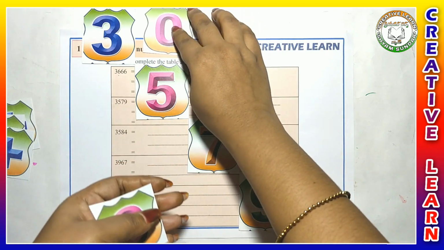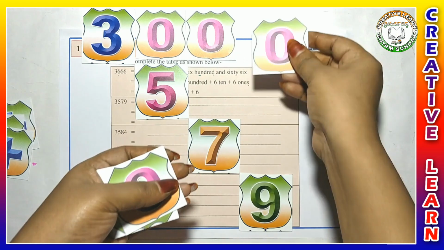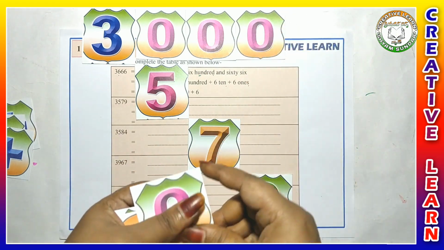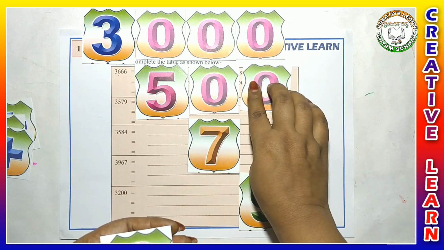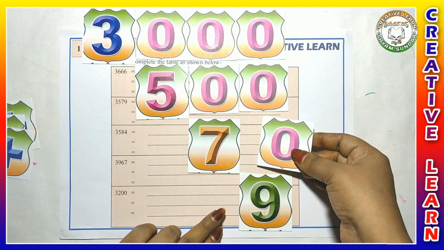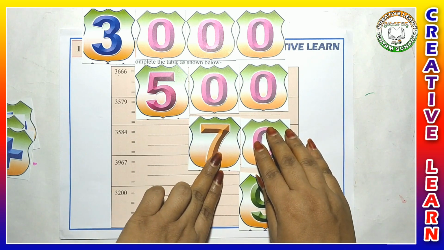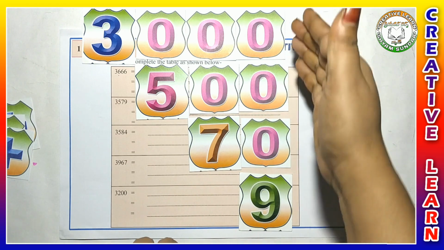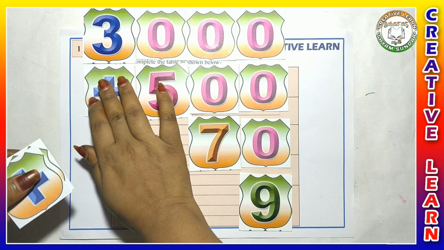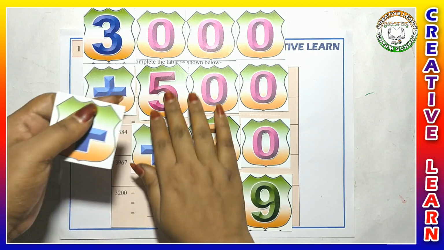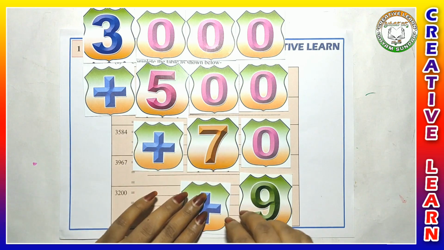3000s means we have to keep 3 zeros. 500s means we have to keep 2 zeros. And 7 tens means we have to keep 1 zero. This is the expanded form: 3000 plus 500 plus 70 plus 9.